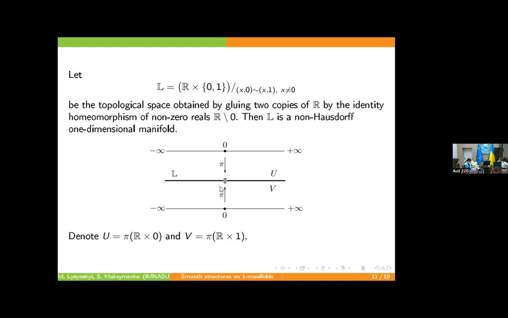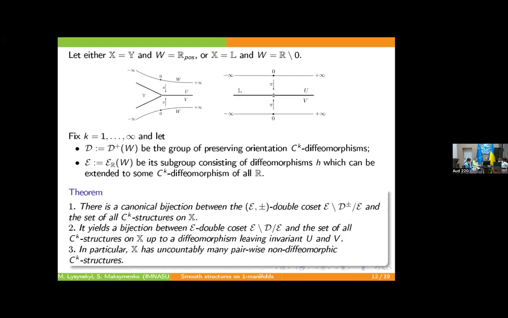But for the diffeomorphism which corresponds to S and 1 divided by S, it corresponds to flips. If a diffeomorphism exchanges U and V, then it should fix this branch point. And if it fixes this, it consists of flips of this manifold.